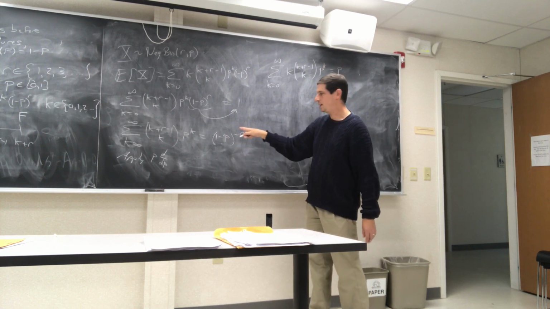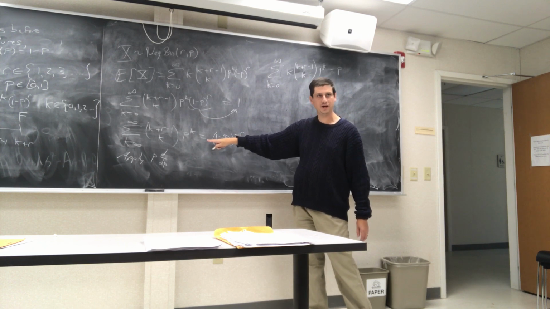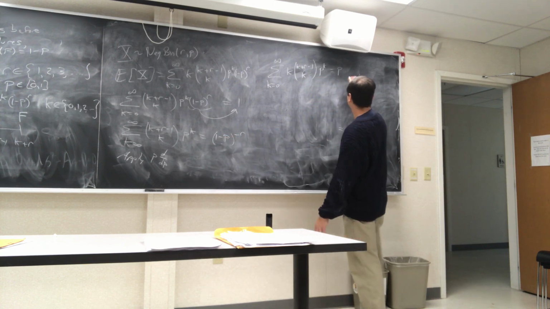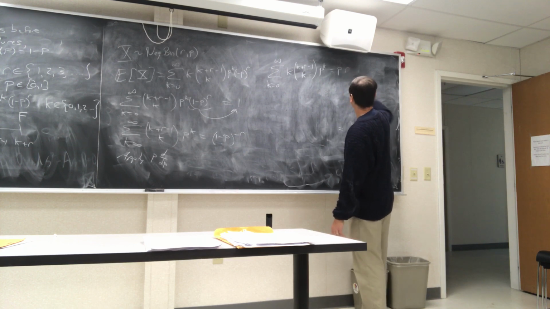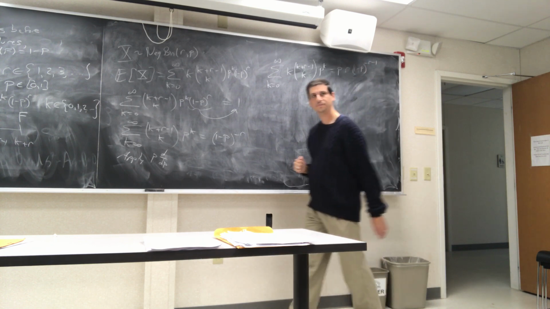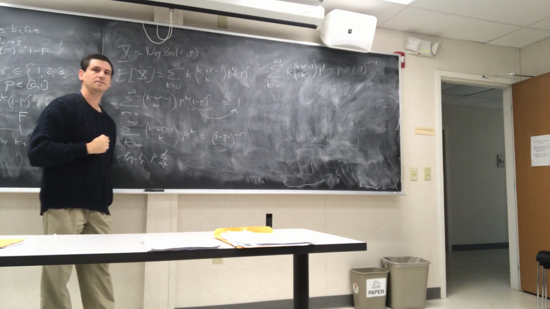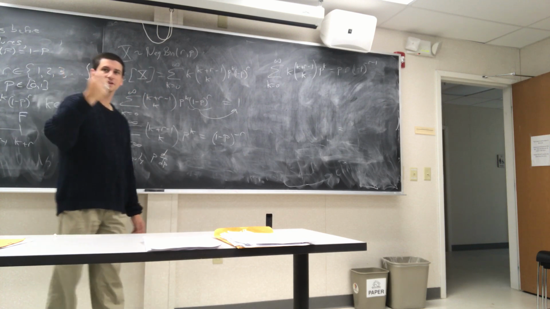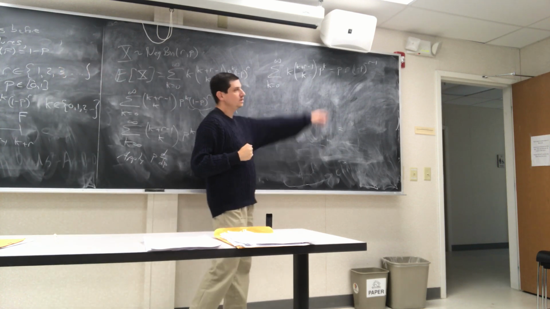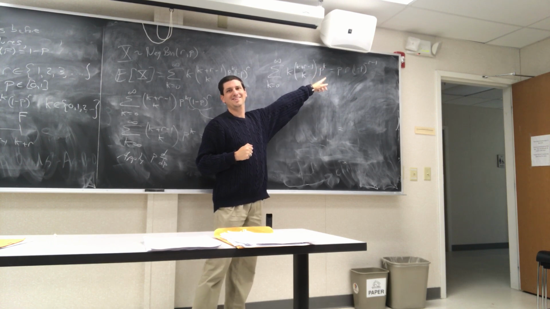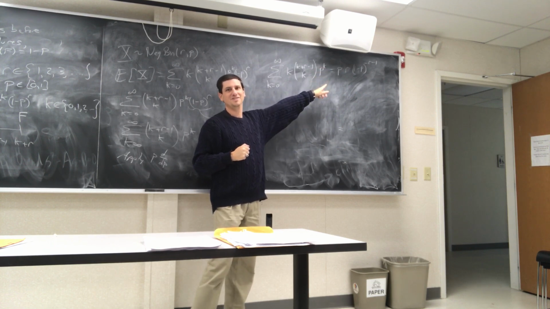Now when I take the derivative of this, I'm going to get a negative coming down from the negative r, and I'm going to get a negative coming here, so the negatives will cancel. So I get r times (1 minus p) to the negative r minus 1. What should I move over to the other side? To what power? To the negative r.